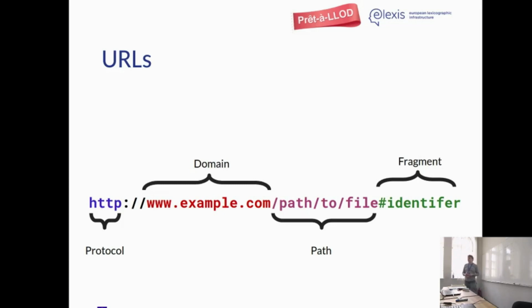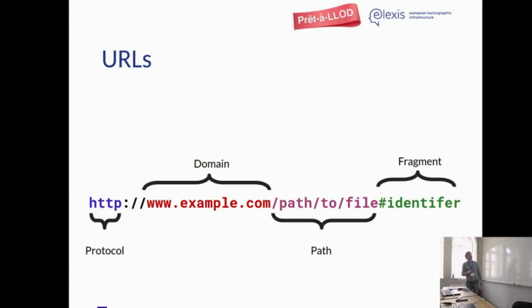In the original idea of the web, this is actually referring to a path on that computer. So here we've identified which exact computer we're talking to, and here we're trying to find which file within that computer. Now, in typical web interfaces, of course, this isn't literally going from the computer's root path. It's normally from a particular folder. But the idea is that this indicates a single file.